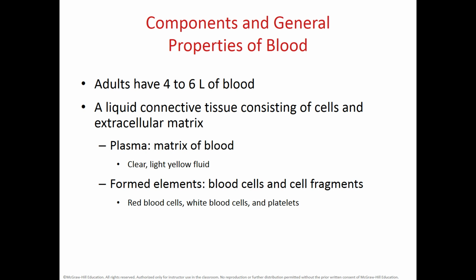Some of the formed elements of the blood are the blood cells and cell fragments. So within the blood we have red blood cells or RBCs or erythrocytes, we have white blood cells or leukocytes, and we have platelets, which are fragments. They are not complete cells.